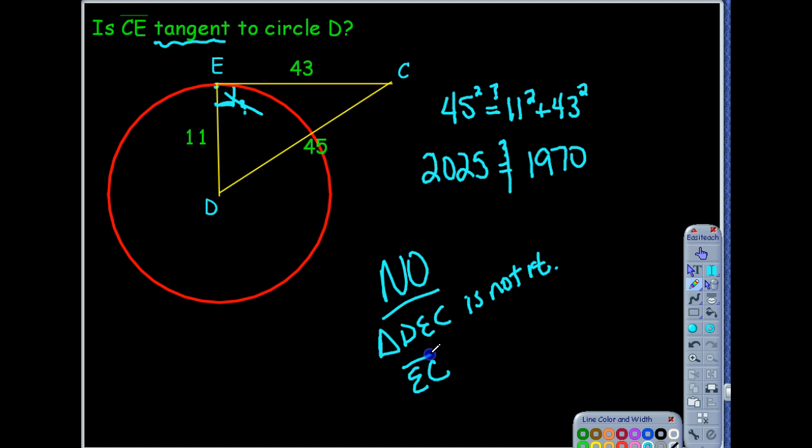If it's not a right triangle, then segment EC or CE is not perpendicular to segment DE. So in this explanation, you would have to explain what your work supported: the not right triangle. And that supports whether it's perpendicular or not.